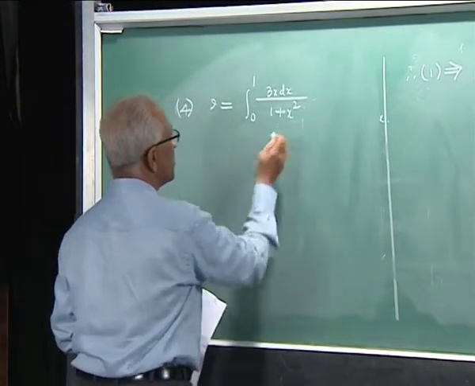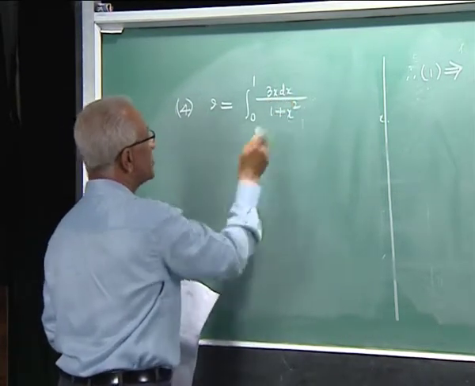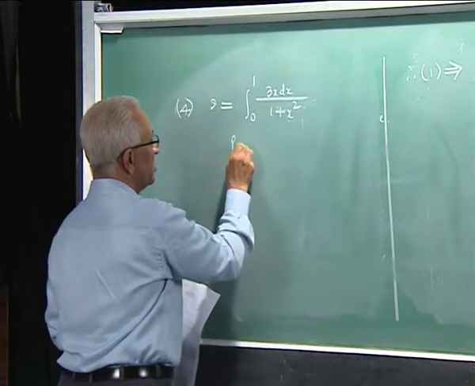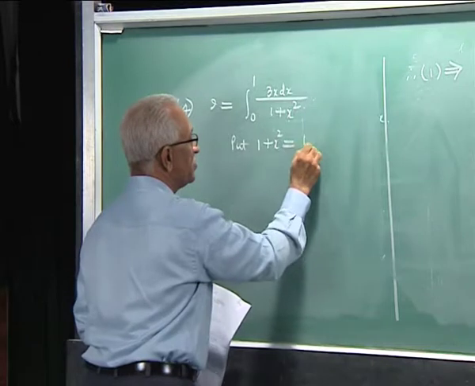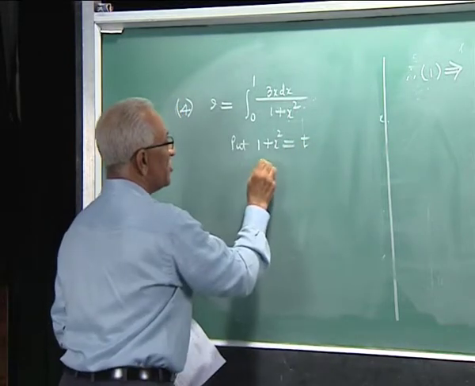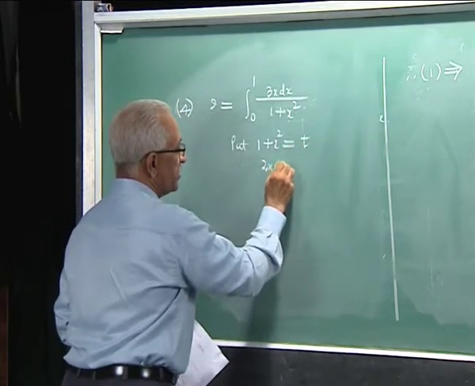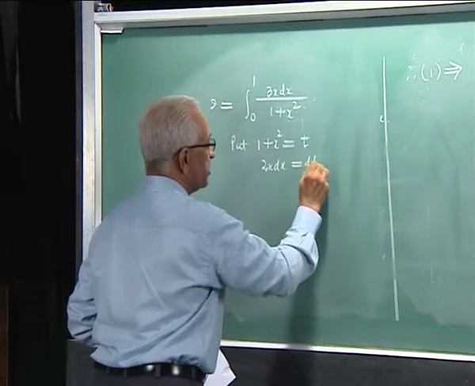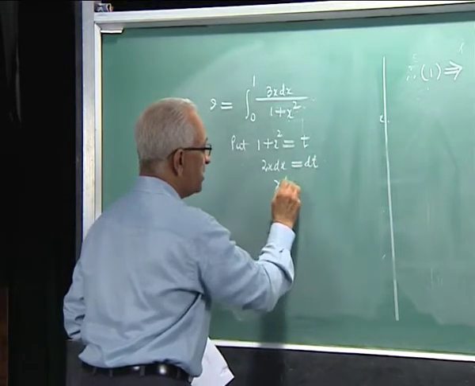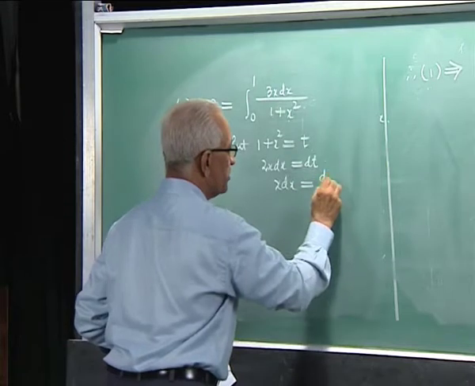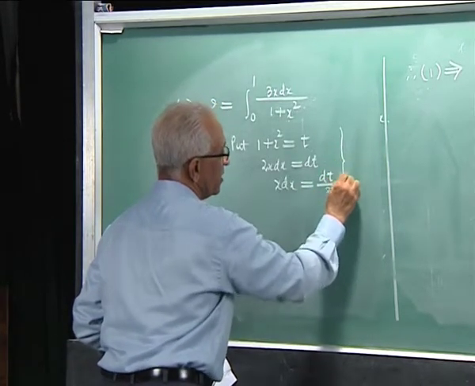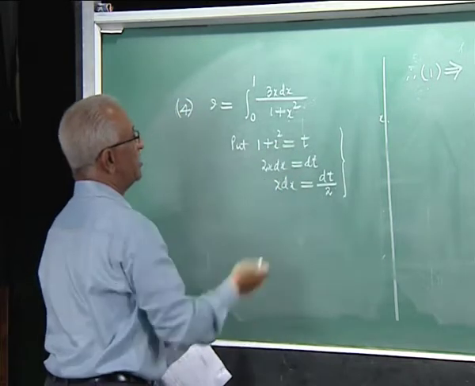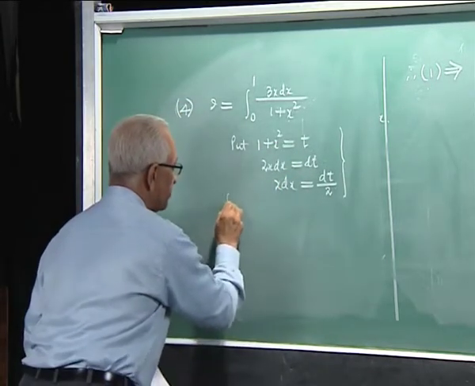Again substitution comes. x square has a derivative 2x, so I'll put 1 plus x square equal to t. So naturally I get 2x dx equal to dt, so obviously I only need x dx equal to dt upon 2. This is all known to us, we have done it many times. From here I'll do the change of limits.